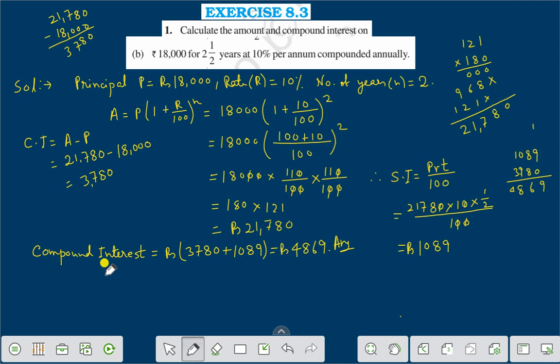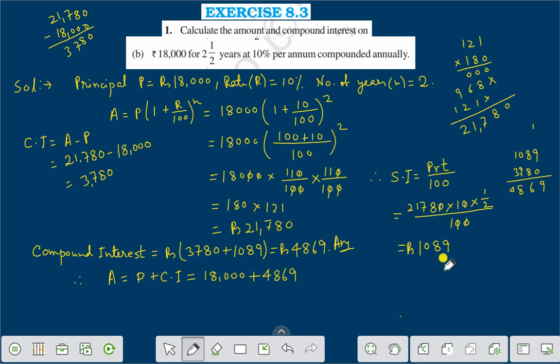Therefore, the total amount is equal to principal plus total compound interest. Principal is rupees 18,000 and total compound interest is rupees 4,869.